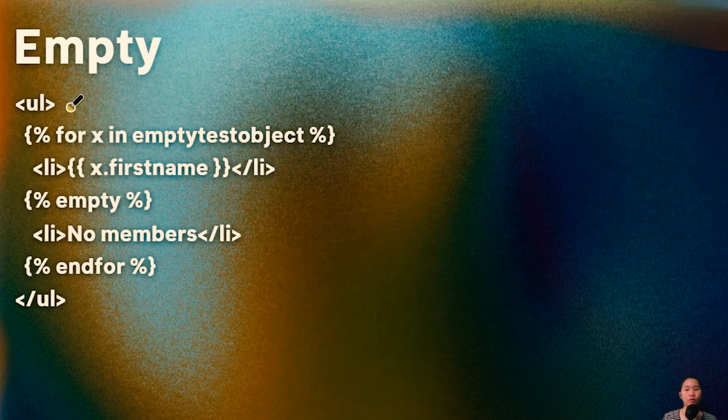Now, we have an unordered list: for x in empty_test_object. So this is the same thing as available_members. However, we have not defined this object whatsoever, so it becomes empty. This is going to return no members.